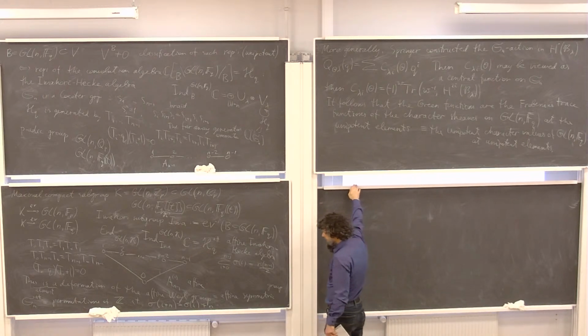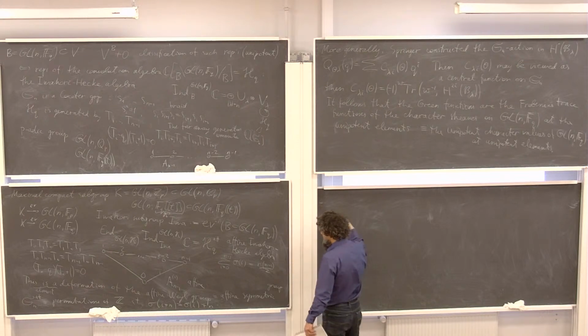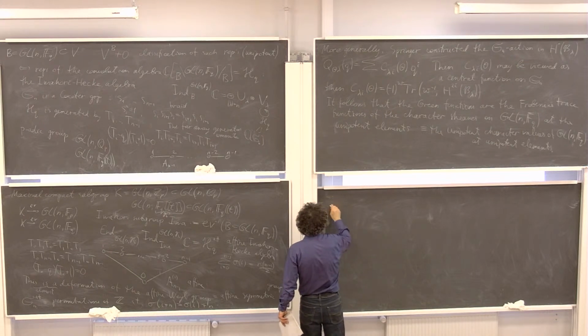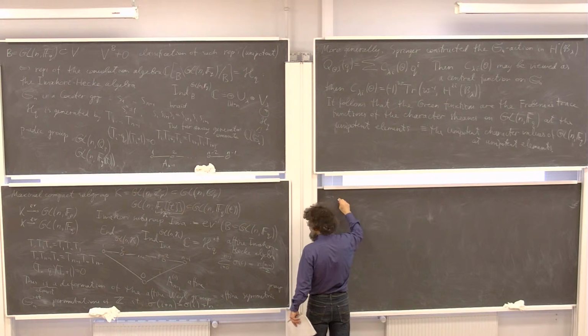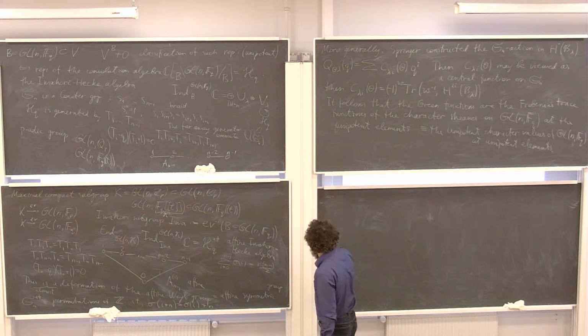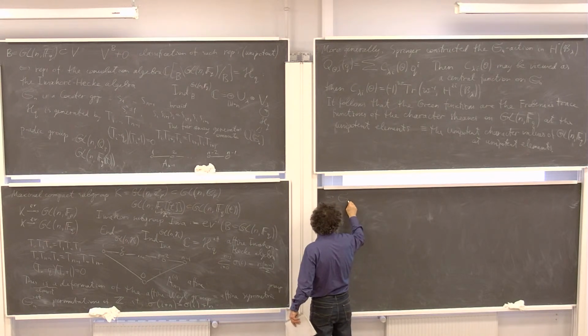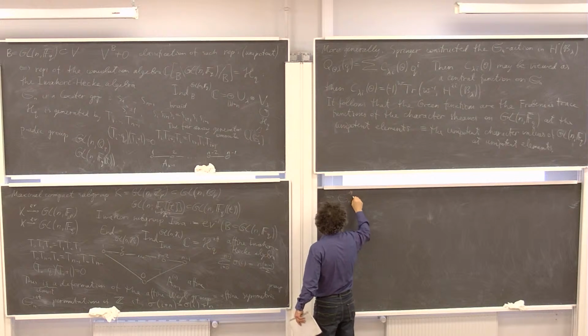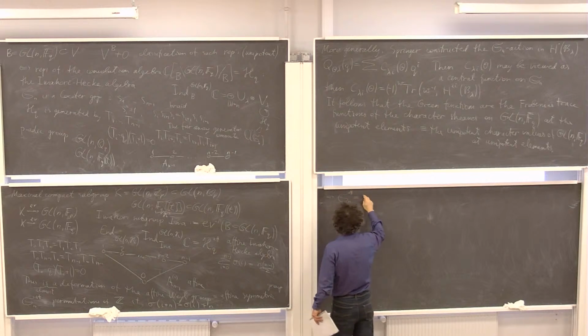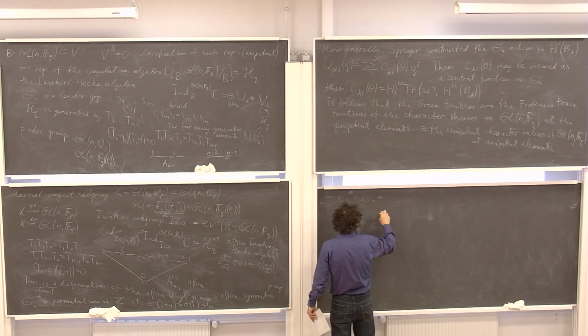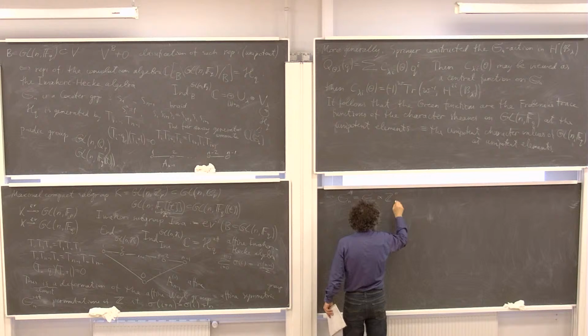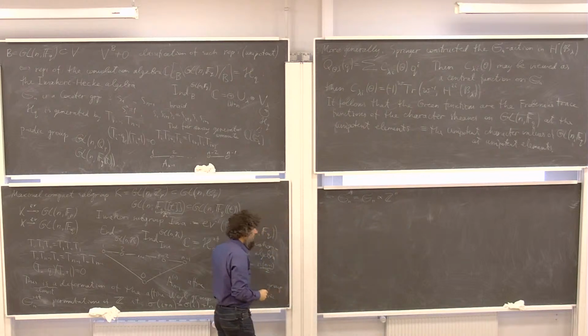Okay, so I want to say that from this presentation, it follows that this affine S_n is isomorphic to the usual symmetric group S_n, semi-direct product with a certain lattice, Z to the n.